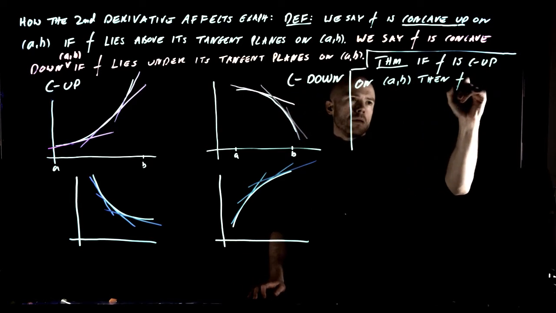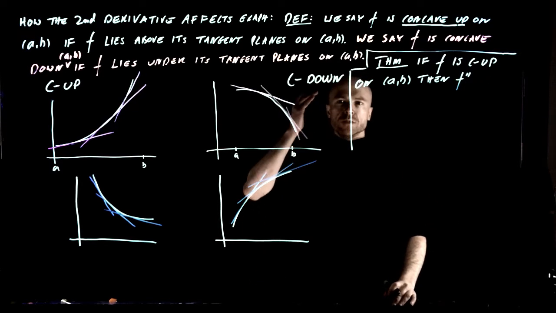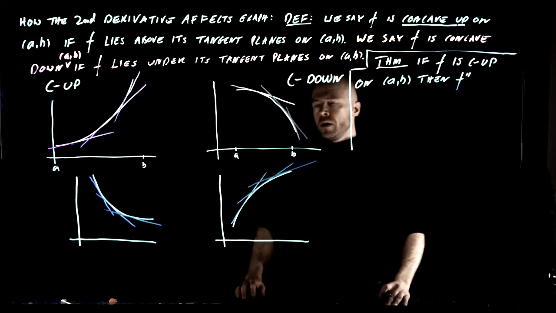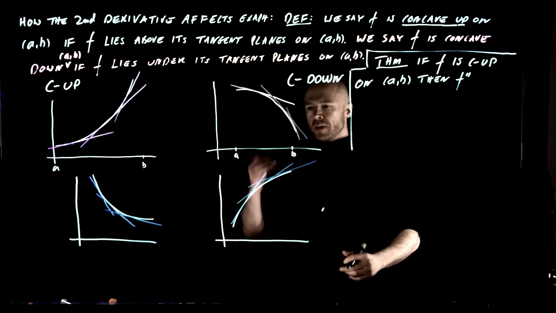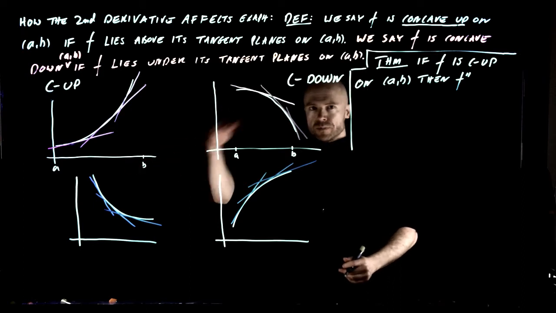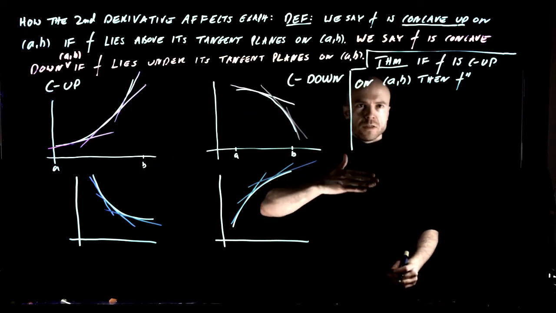then f double prime, and now a good idea is to pause the video, and I'm about to write an inequality here, okay? And it's either going to be greater than 0 or less than 0, and the best thing for you to do would be to stop the video, look at these pictures, and then try and determine if it's concave up, if it's going to have a positive sign or a negative sign.